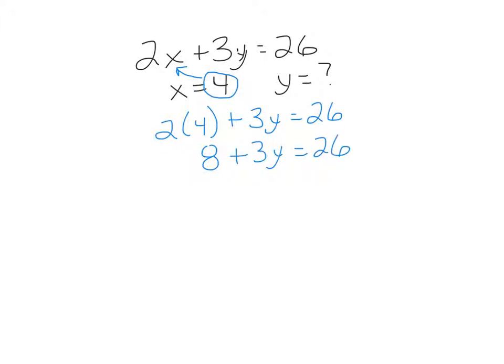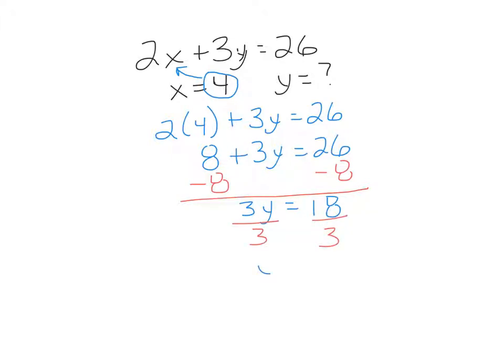I want to get the y all by itself, so I'm going to subtract 8 from both sides. And doing that means that on the left-hand side, I have 3y. On the right-hand side, 26 subtract 8 gives me 18. Then I'm going to divide both sides by 3, which then gives me a final answer. Because 3 divided by 3 cancel, I get y is equal to 6.